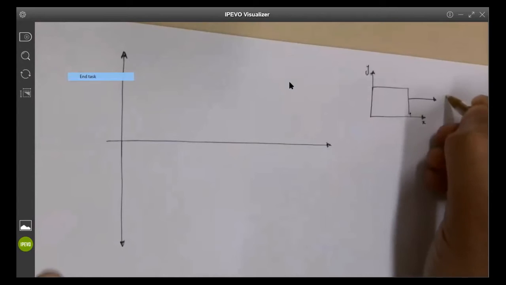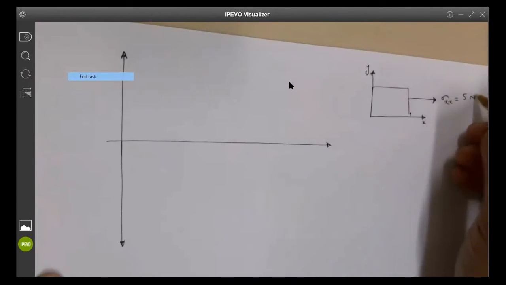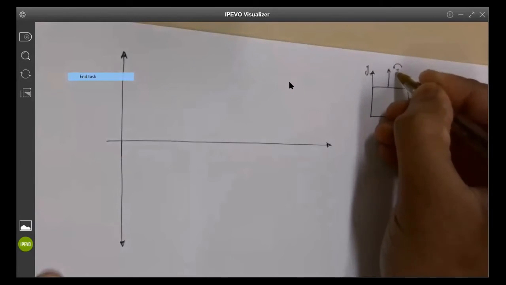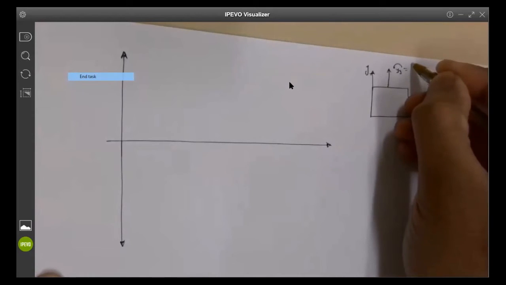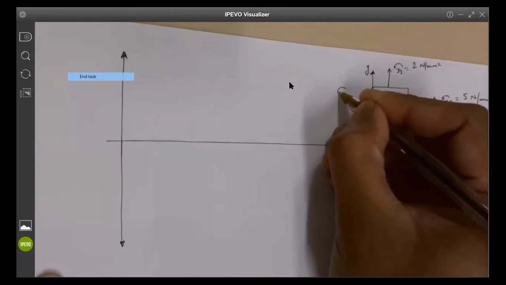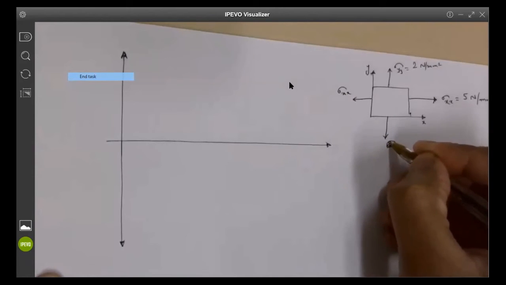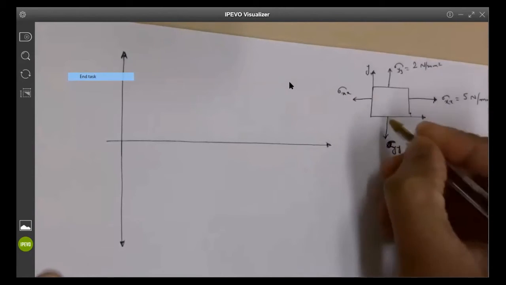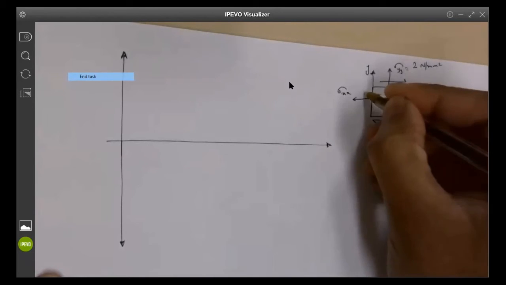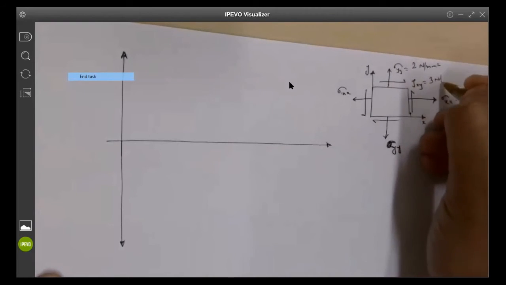This was sigma xx, which was taken as 5 newtons per millimeter square. Sigma yy, I consider as 2 newtons per millimeter square. Tau xy is 3 newtons per millimeter square.